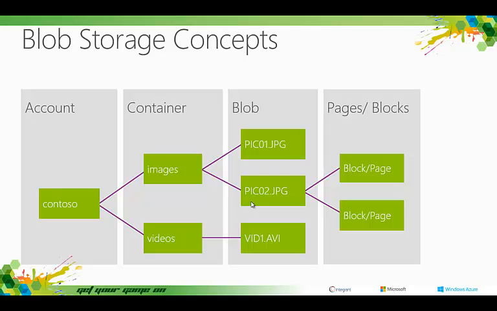In my case, it was the Cloud Shop storage, right, was the name of my account. And then within there, you're going to have one or more containers. So think of your storage account as kind of like the drive, right? Off the root of your drive, you could have some folders. And so that's what containers are.